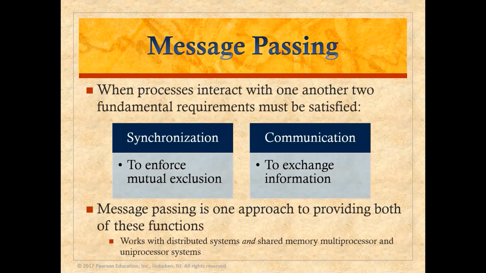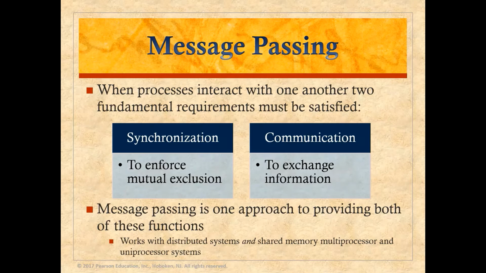The third type of enforcing mutual exclusion under the operating system approach is message passing. It is when processes interact with one another, and two fundamental requirements must be satisfied: synchronization and communication.